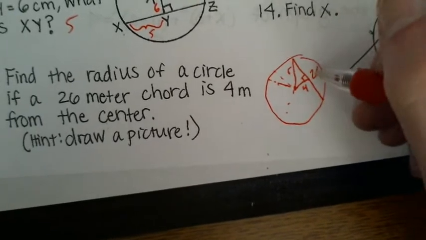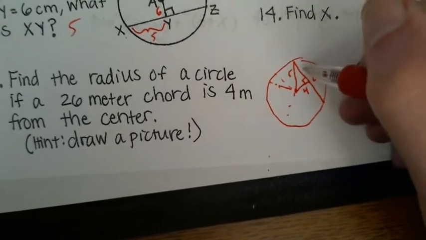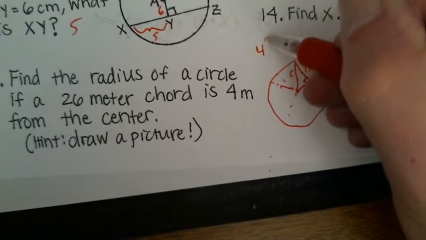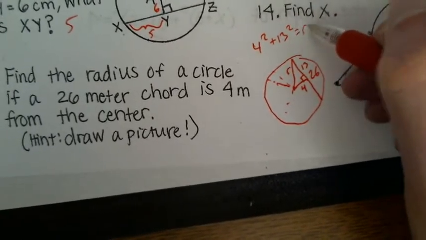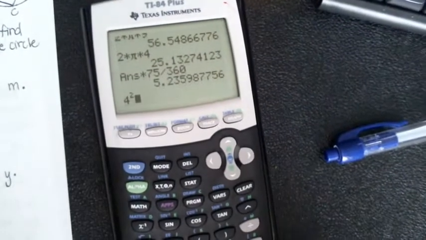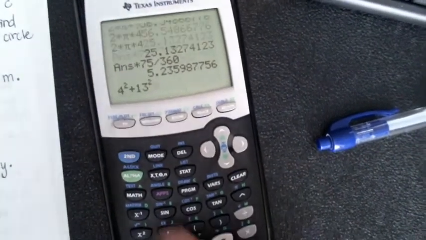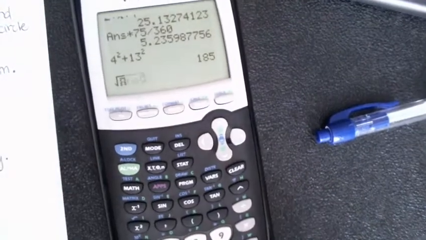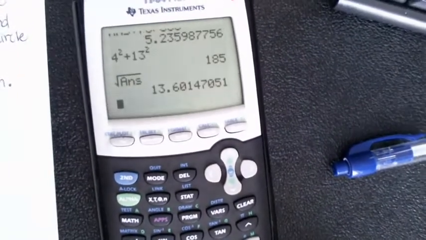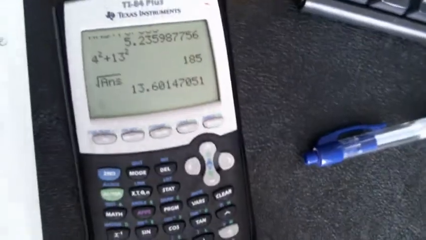That's our R. This is 26 all the way across, so this is 13. 4 squared plus 13 squared equals R squared. So 4 squared plus 13 squared, that's R squared. That means that R is 13.601.